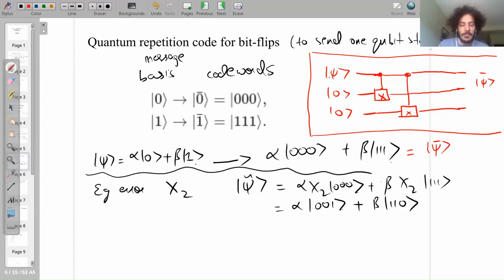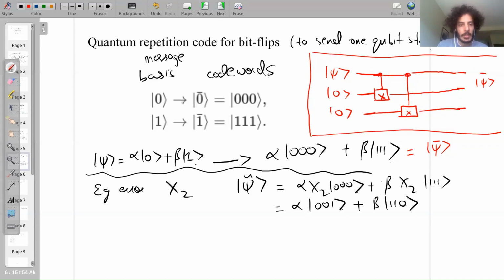You can see that if psi was 0, then neither of these will trigger, and I'll get 000 at the end, which is exactly what I want. If my psi is 1, then I have 100 here, and the 1 will trigger this control gate. So the second qubit will switch to 1, and this 1 will also trigger this CX gate, and you will also get 1 over here.